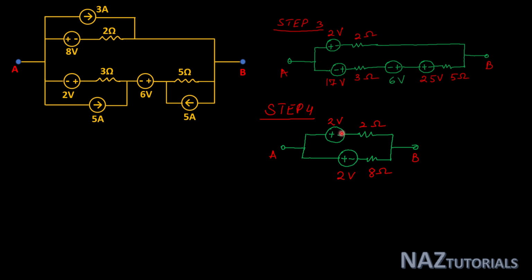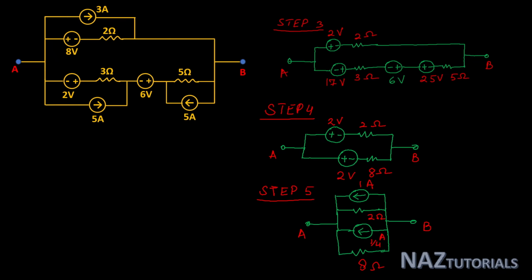Now we will transform these voltage sources into current sources in parallel with resistance for making the equivalent. Now this is our step 5. We will transform these voltage sources into current sources, that is 1 ampere in parallel with 2 ohm, and it's V by R, that is 1 by 4 ampere in parallel with 8 ohm.